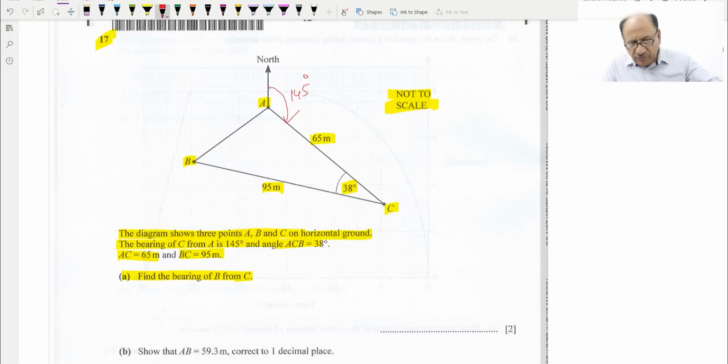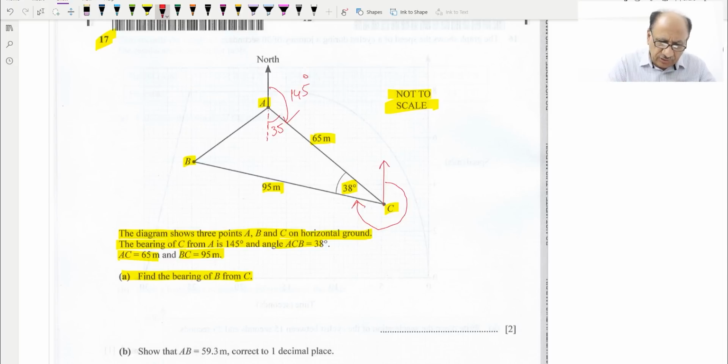So we will draw the north here, and from north clockwise, bearing of B from C will be this angle. To find this angle, we can extend this line, and this angle will be 35 because it will be adding up to 180.